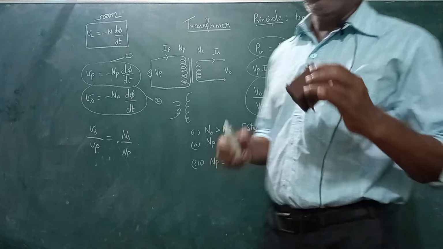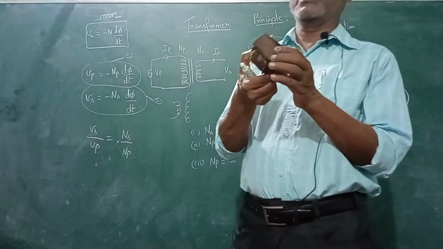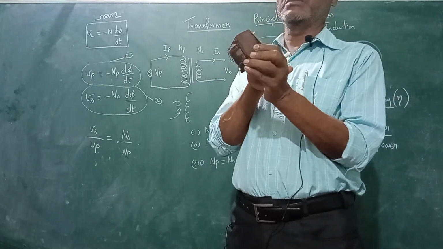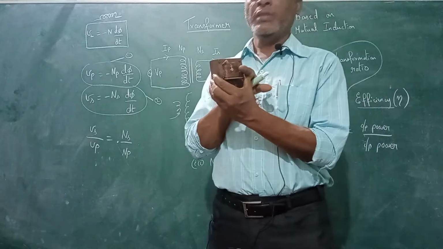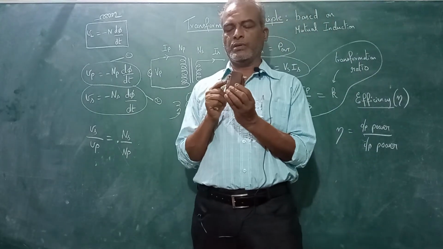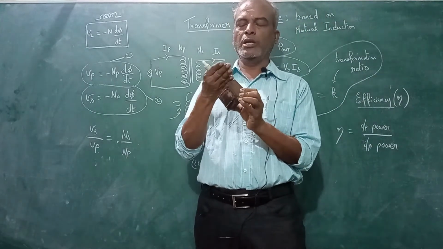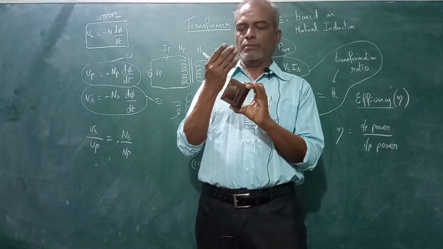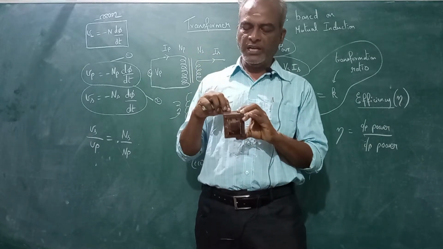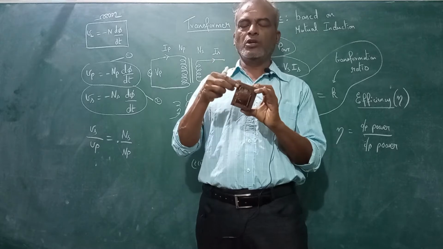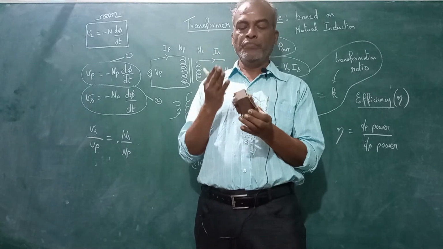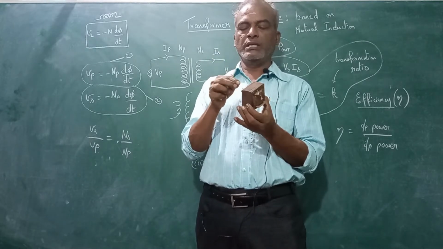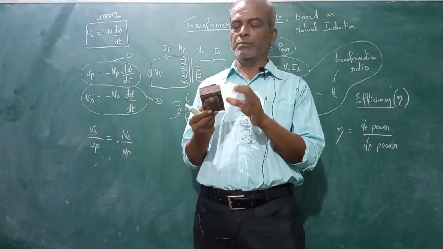Now I will speak about the construction of the transformer. If you see, this is the primary side in this transformer and this is the secondary side. Now you have an E core which is serrated. Serrated means it is not a solid thing. You have primary windings and secondary windings, and this is the base.